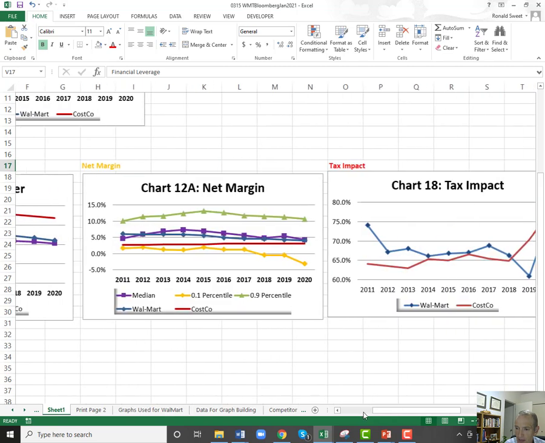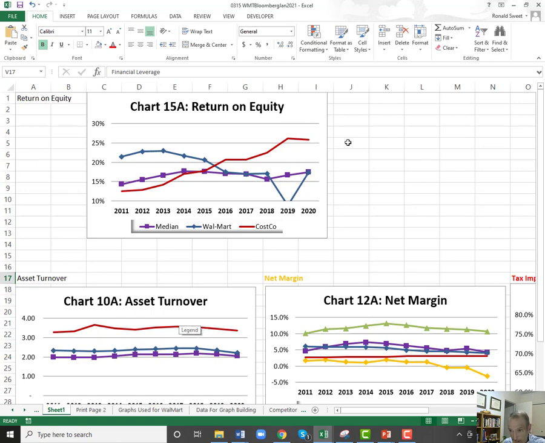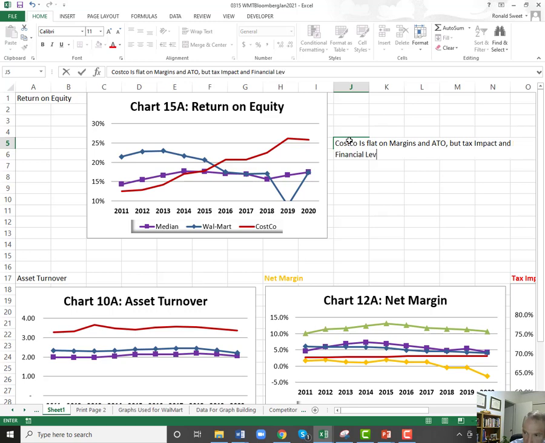So something unusual happened in 2019. But the bottom line is Costco is flat on margins and ATO, but tax impact and financial leverage are the main reasons their ROE has surpassed Walmart.